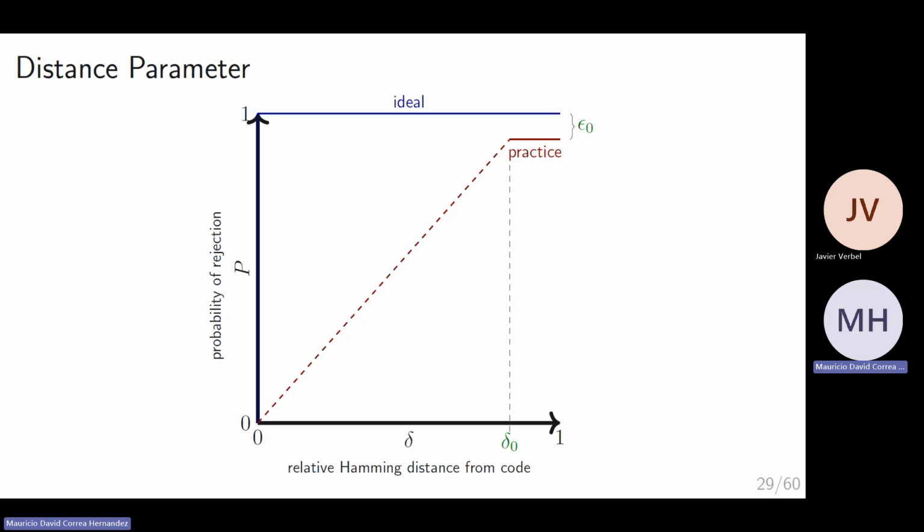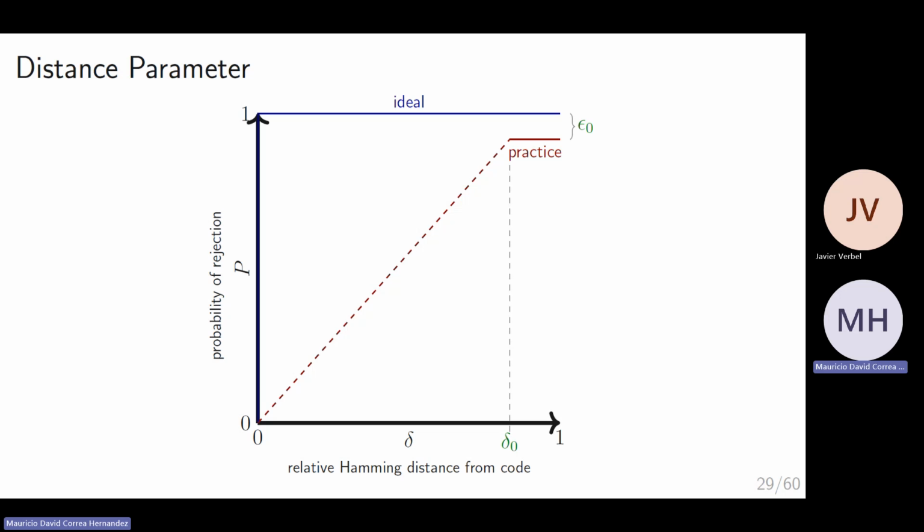So either vectors are in the code or they are far from the code, because in the middle we can't really decide much. If they're far from the code, then we have this close to optimal, close to ideal behavior. But until we get to that distance, there isn't much, so we have to guarantee that we're always working with vectors that are either code words or far from code words.